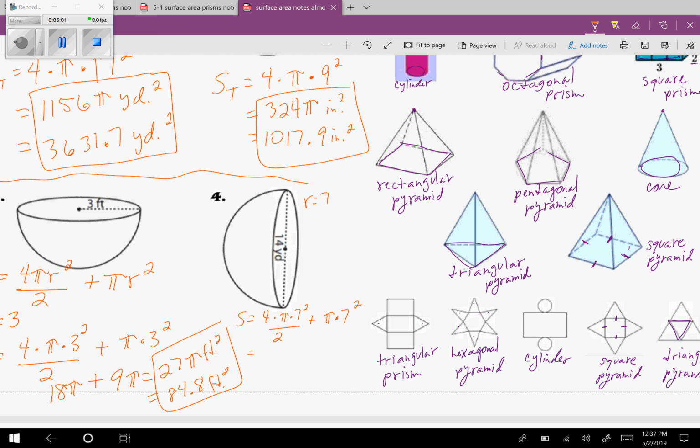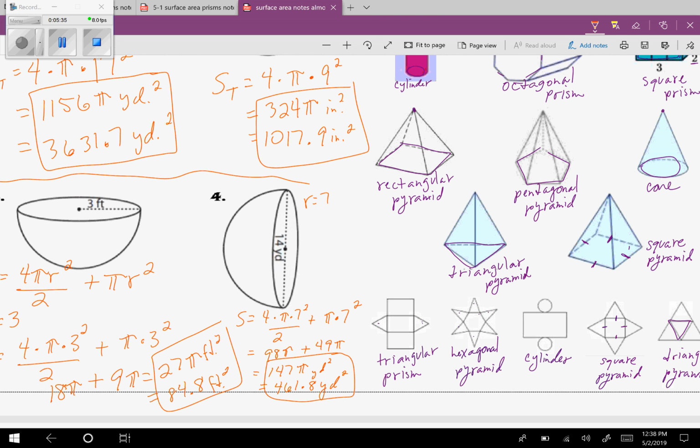So 7 squared is 49 times 4, and then divide by 2, you get 98 pi, plus 7 squared is 49, so it's 49 pi. When you add those together, you get 147 pi, and that's yards squared. When you do 147 times pi, you come out with 461.8 yards squared.